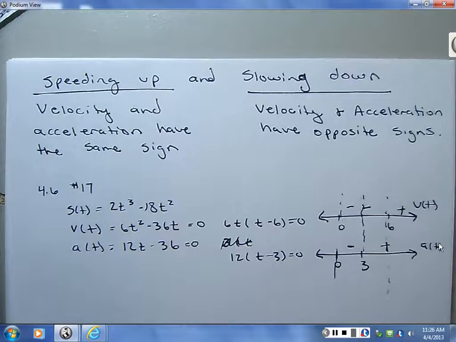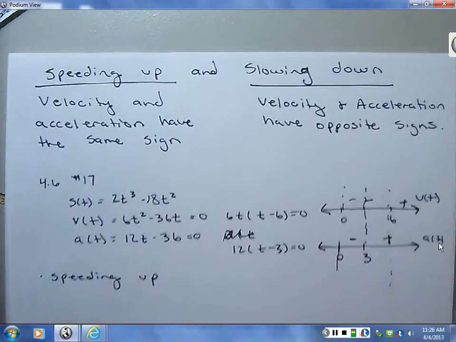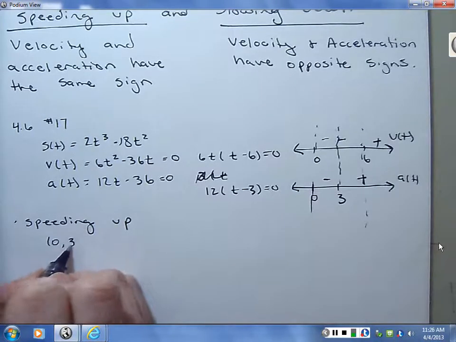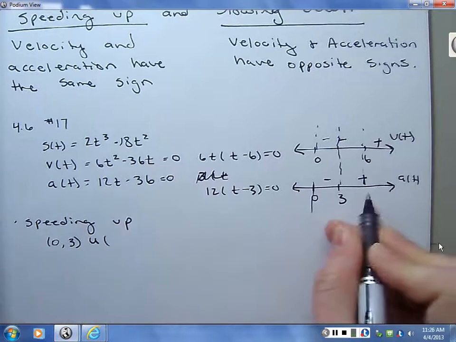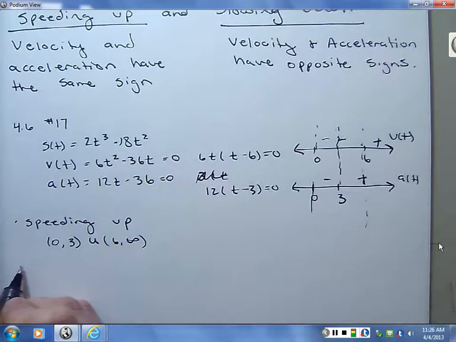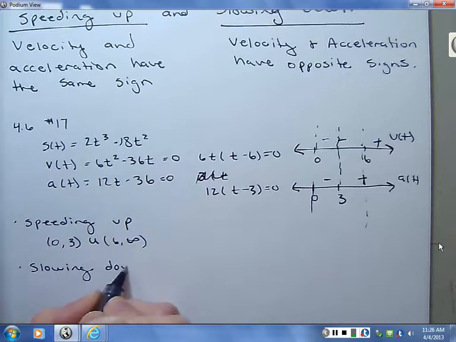So here, when is the particle speeding up? When both the signs are the same, right? So it's from 0 to 3, and then 6 to infinity. And it's slowing down from 3 to 6.